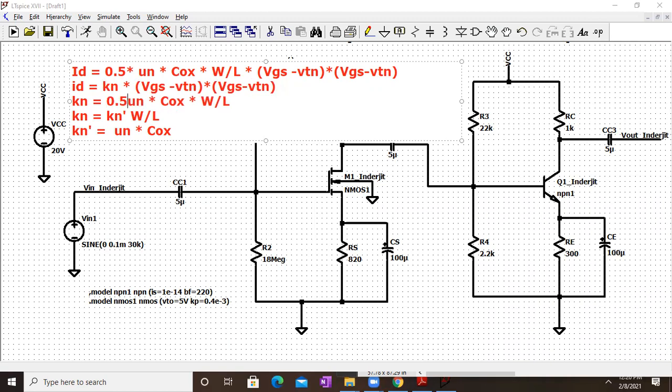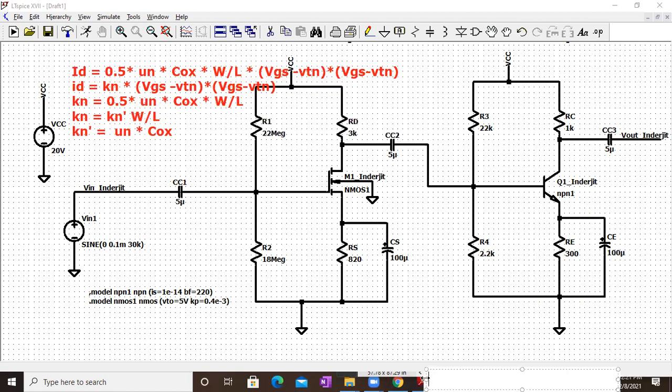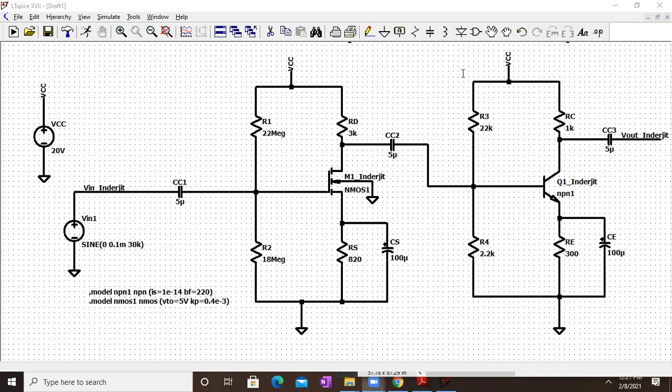Let me just write this over here, half. So to adjust this half value, we have to multiply this Kn dash by 2. That's why we are writing double the value. So we have been given over here, let me just clear out the drawings now, and let me just show it to you.